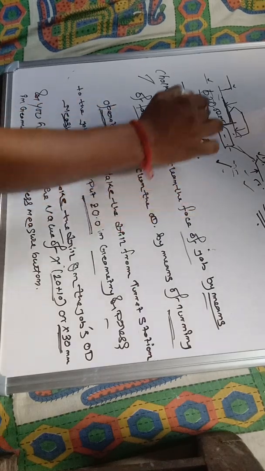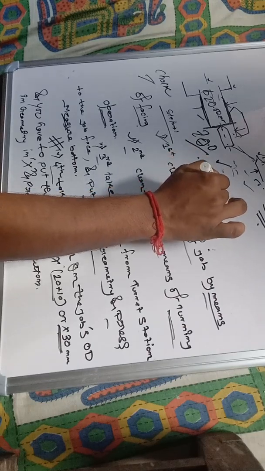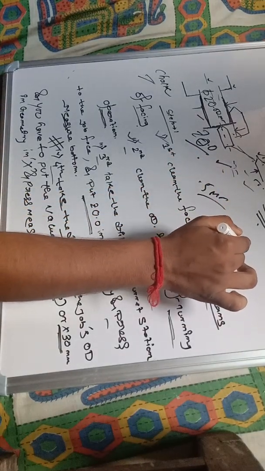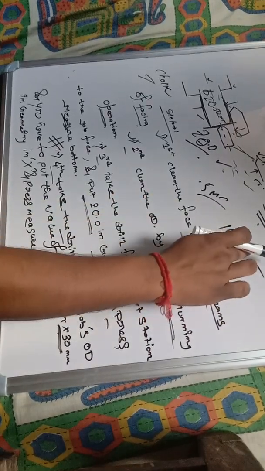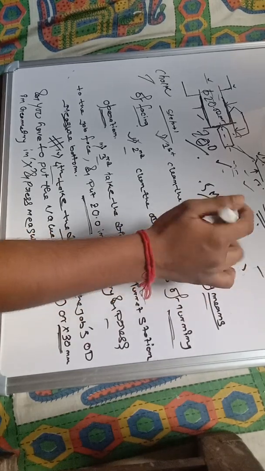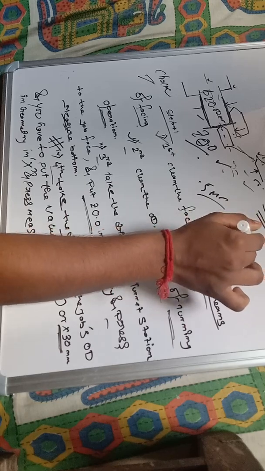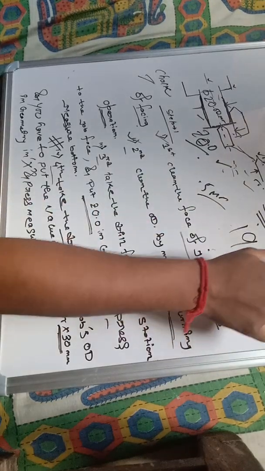Suppose the OD is 20, we have cut it 0.5 mm. So the diameter became 19.5.